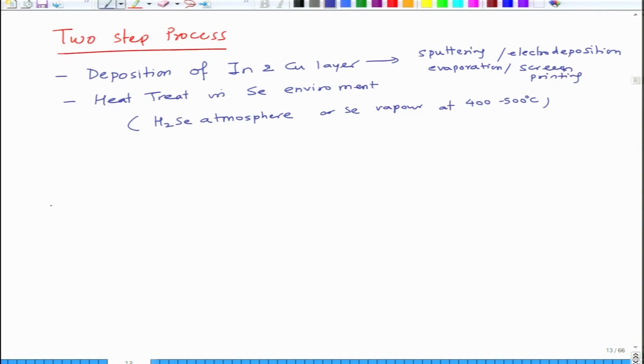One can also add gallium in this process. You can co-evaporate gallium when you make the indium and copper layer and then do the selenization treatment. So, gallium can go in at this stage.